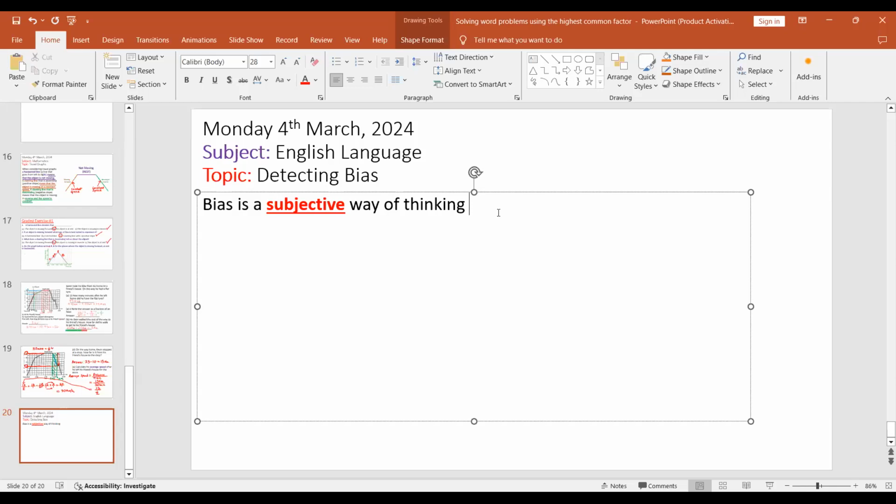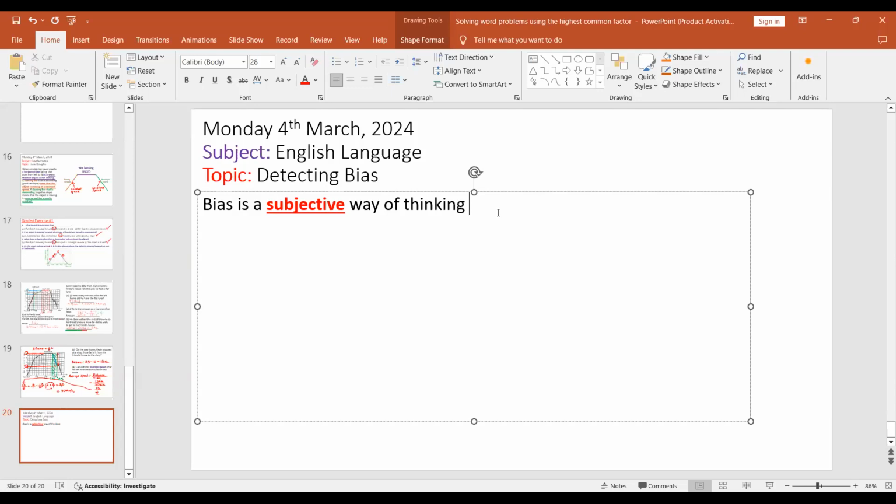For example, let me give you an example. If I say 2 + 2 is 4, is that an objective statement or a subjective statement?